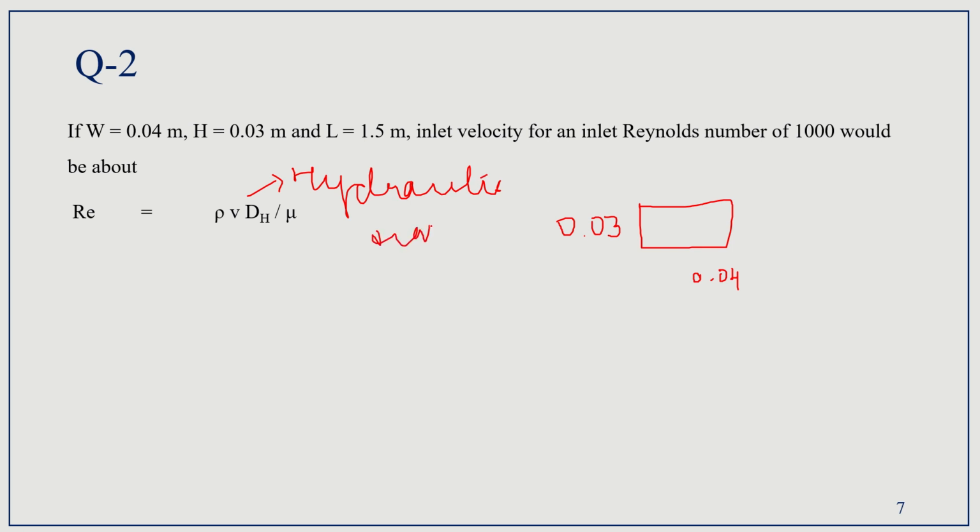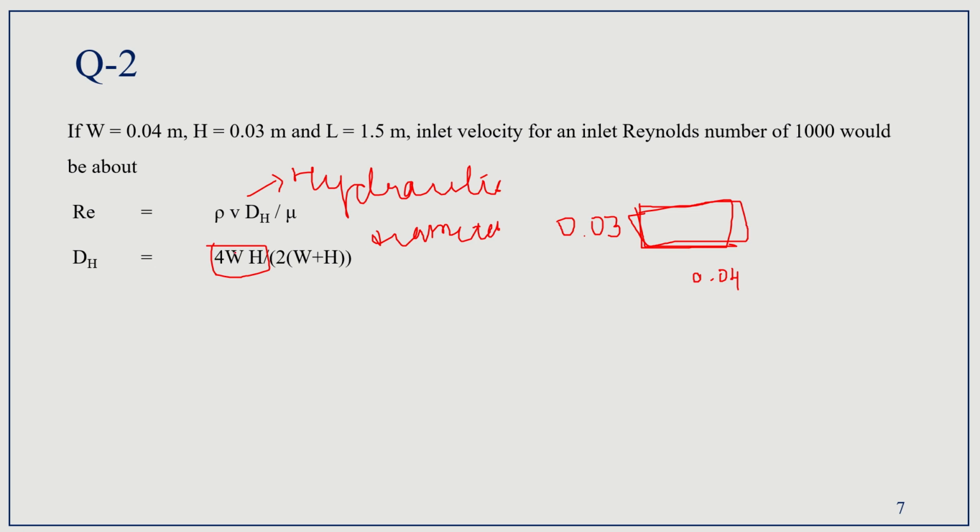So we need to determine how to find the hydraulic diameter of this rectangular cross-sectional pipe. dH is equal to 4 times W into H, that is width into height, divided by 2 times W plus H, that is the wetted perimeter. So it is 4 times the cross-sectional area divided by the wetted perimeter.